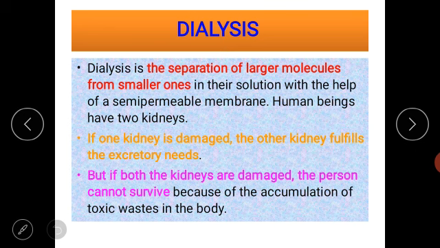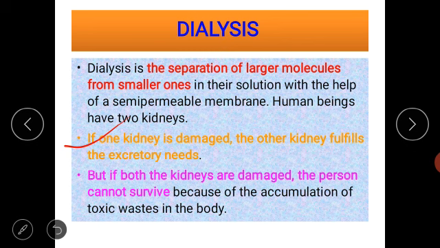If one kidney of a human being is damaged, the other kidney fulfills the excretory needs. It can carry out the filtration. So if one kidney fails and the other kidney is functioning well, then a human being can survive on only one kidney.